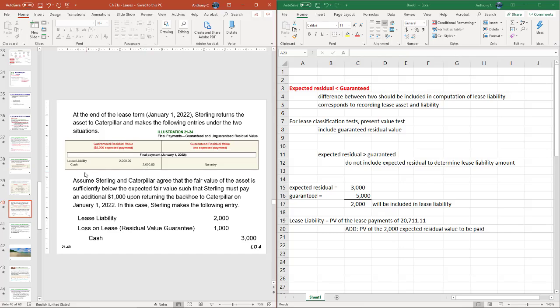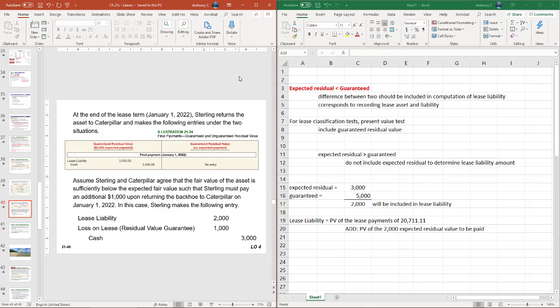However, this journal entry assumes that our actual payment for the residual value is equal to our expected payment. More likely than not, the actual payment will differ from the expected payment. So let's assume that Sterling and Caterpillar agree that the fair value of the asset is sufficiently below the expected fair value, such that Sterling must pay an additional $1,000 in cash upon returning the backhoe to Caterpillar on January 1st, 2022.